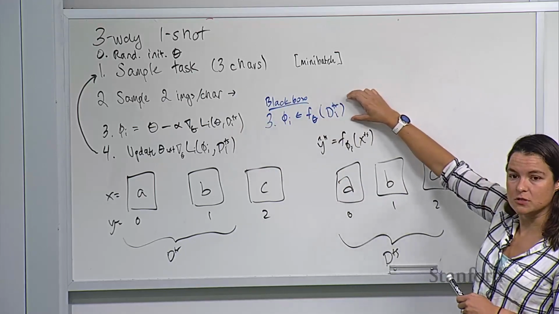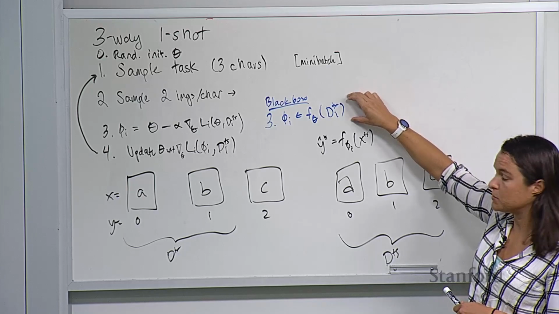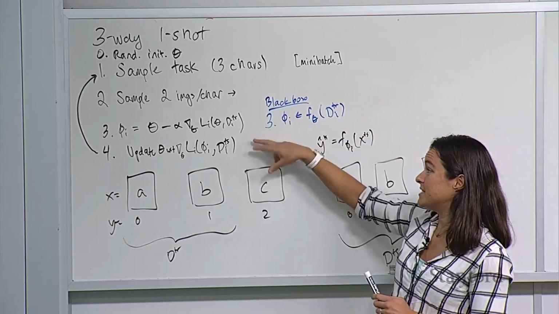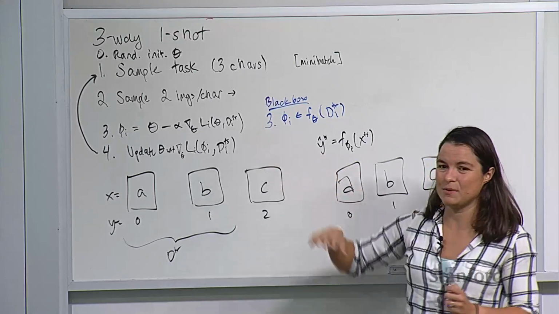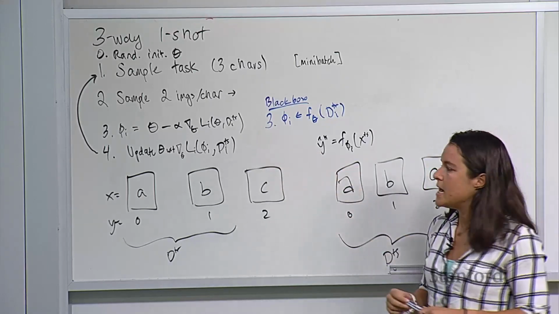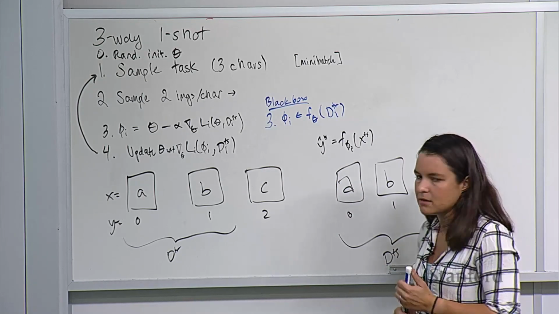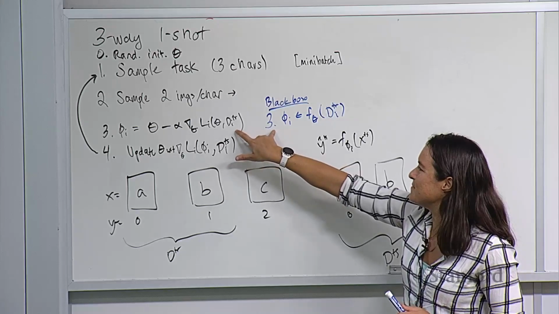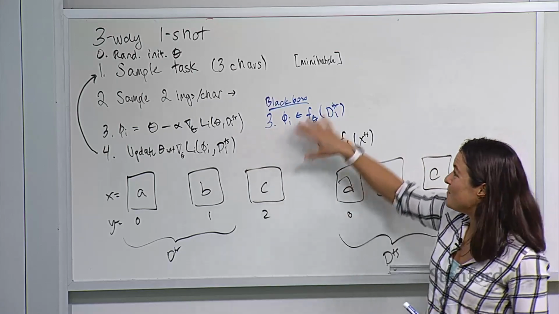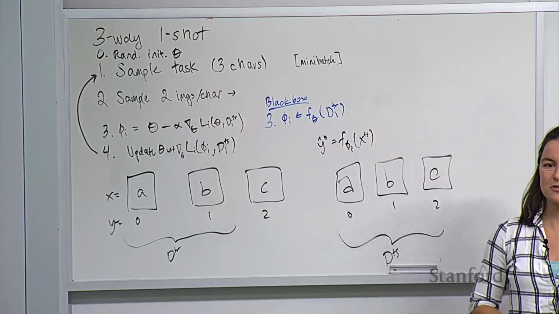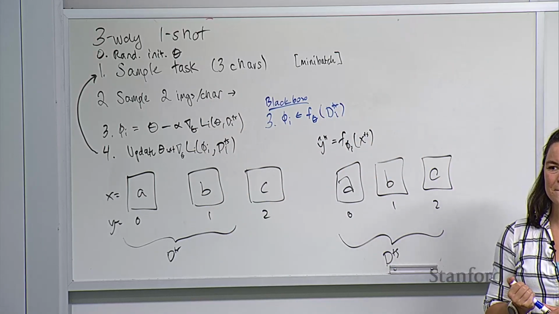Before, we were also using the support set in the black box meta learning approach, and we were passing that into f theta. So one key difference is that here we're taking a gradient step on both the support set and the query set. The key step is the difference in step 3. If you basically just put this into step 3, then you get exactly the black box approach that we had last week.